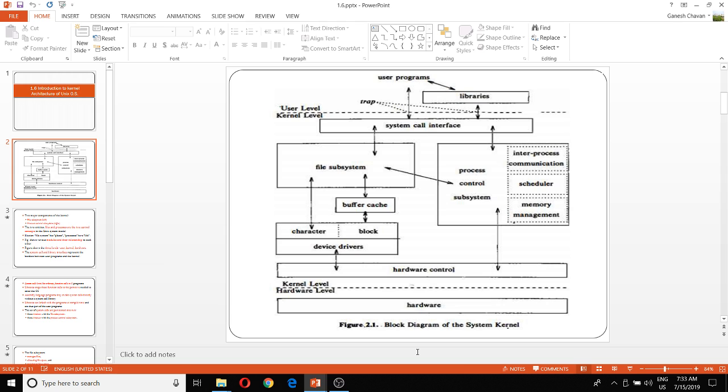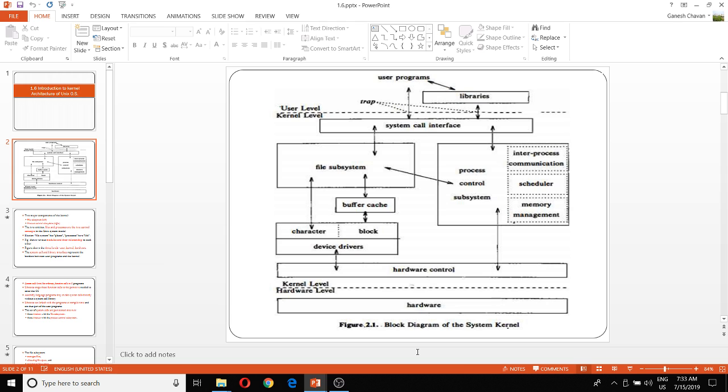File subsystem and process control subsystem are the two essential components of the kernel of the Unix operating system. The process control subsystem particularly considers three entities: inter-process communication, the scheduler, which performs the scheduling activities, and then memory management.